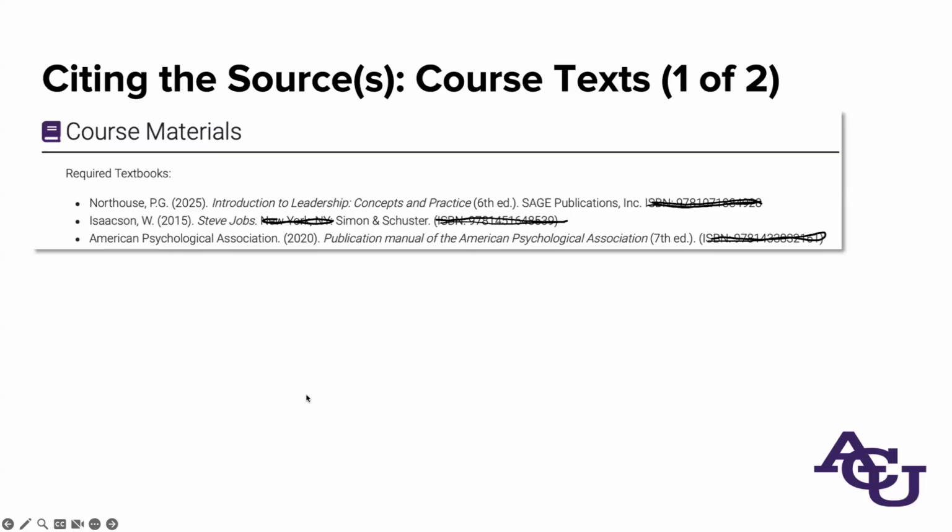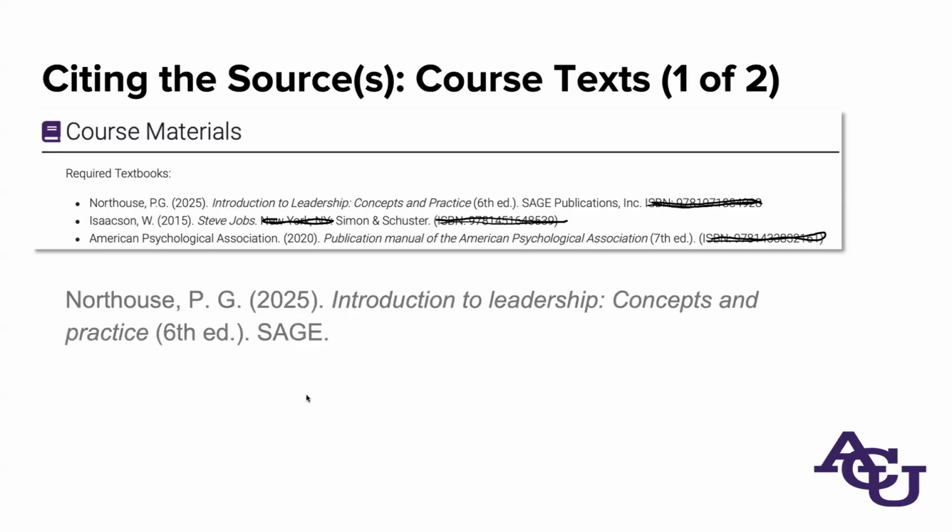Okay. And I'm seeing here from these cross-outs that there are a couple things I should not include. So let's walk through those first two sources. You're probably not citing the APA manual here, so we'll just do the Nordhaus text. So I see from this we have to have a space between those author initials, and that instead of using title case, as we see in the syllabus, we should use sentence case for the book title used within the references.